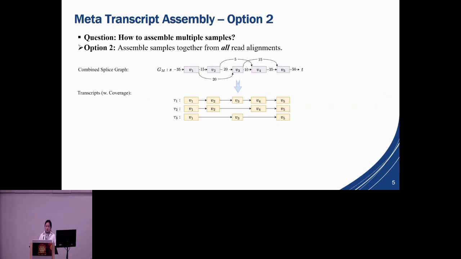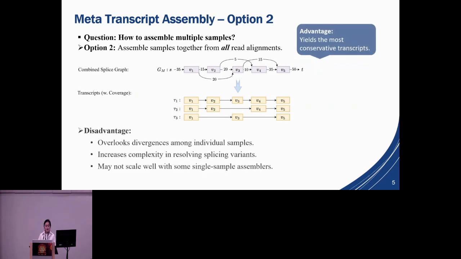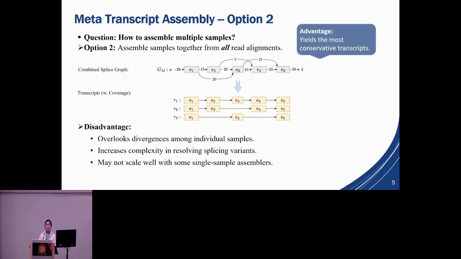How about merging all read alignments at the beginning to build a large combined splice graph first, and then applying a single-sample assembly to this large alignment file? This approach tends to reach consensus among samples and use the most conservative transcripts. However, it overlooks divergence among individual samples, making it less convenient for some downstream tasks, especially for single-cell analysis.